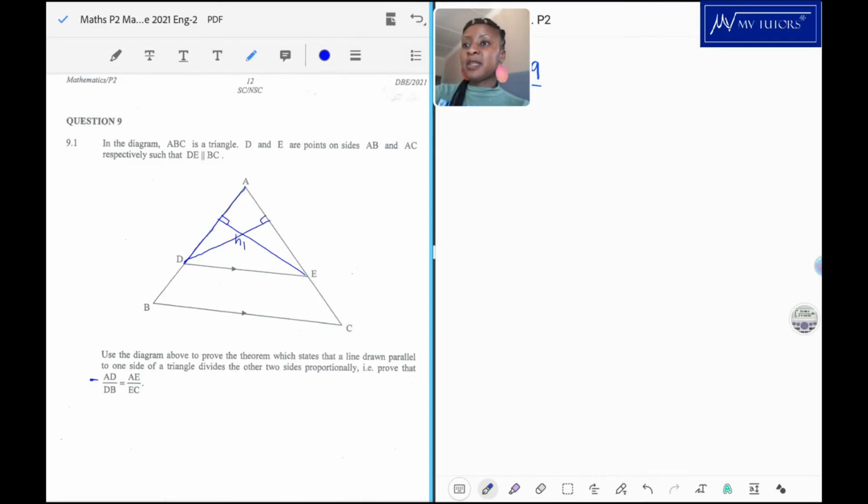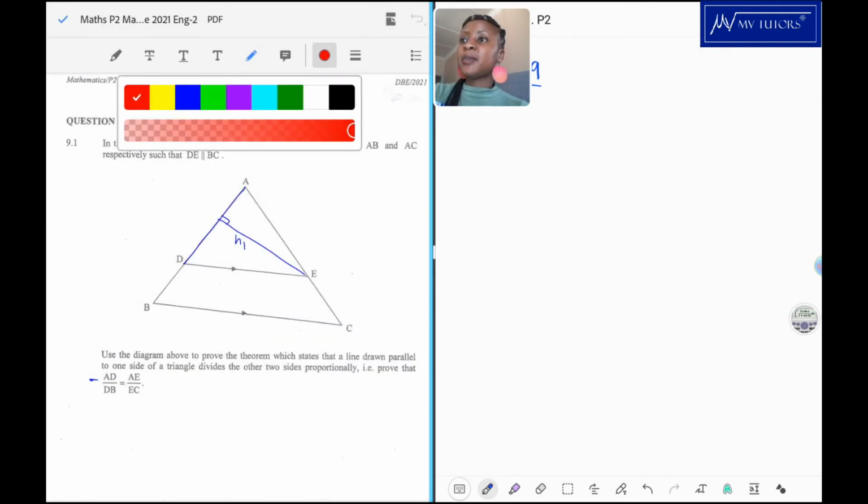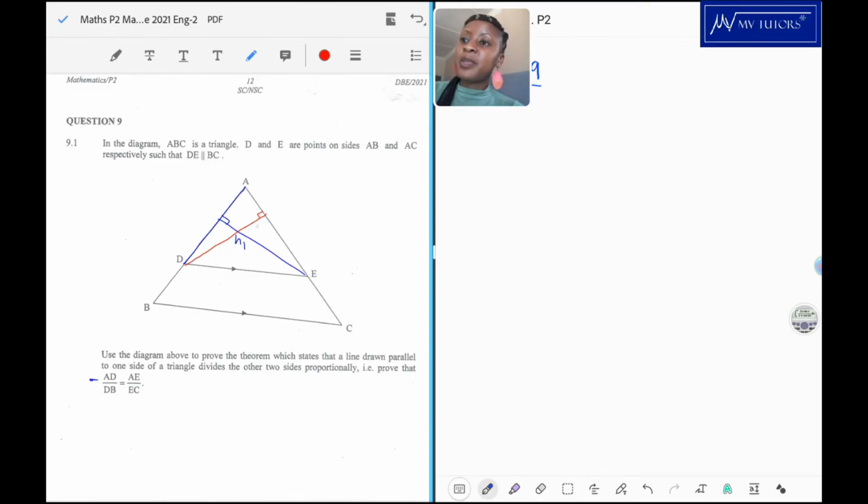Maybe I should have used a different color. Yeah, let's do that rather and not cross things. Okay, so looking at the perpendicular height there as well, that would be H2. Okay, and let us see then if we were to take the area of ADE, and then take the area of AED, let's see what we can do with that.